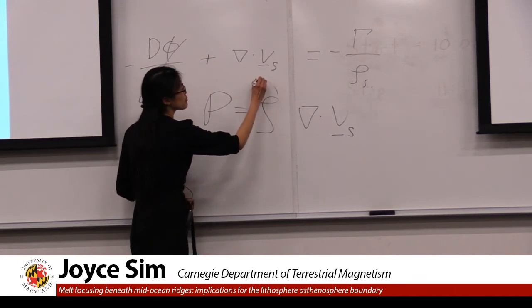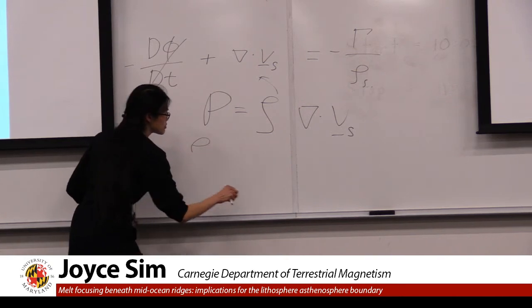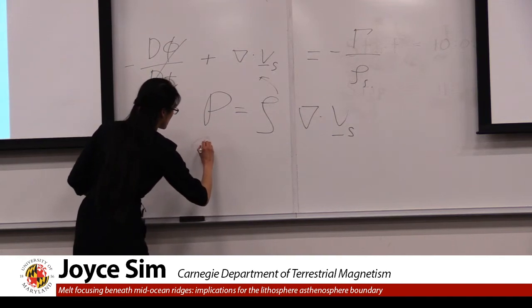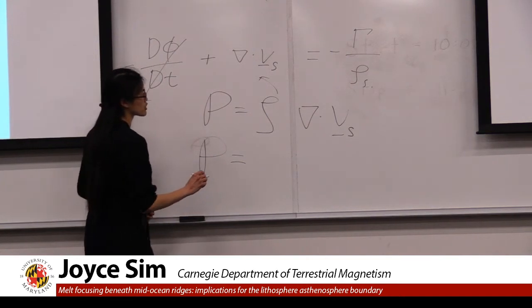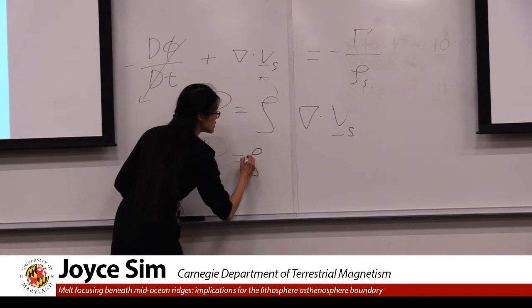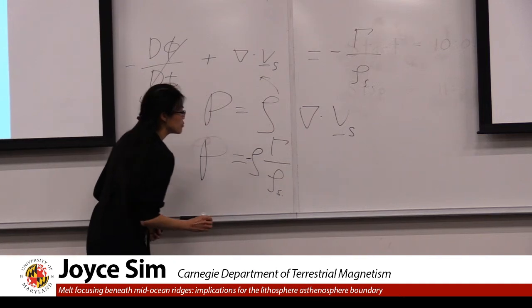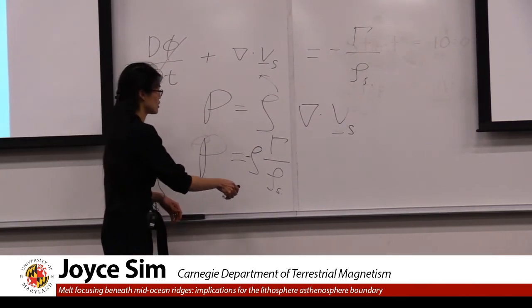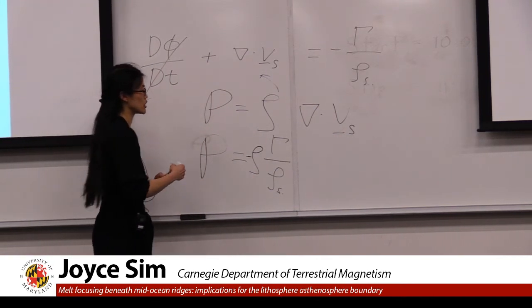So when you put it back in here, you pretty much get that your compaction pressure is equivalent to your bulk viscosity modulated by your melting rate, and density is not going to change too much.